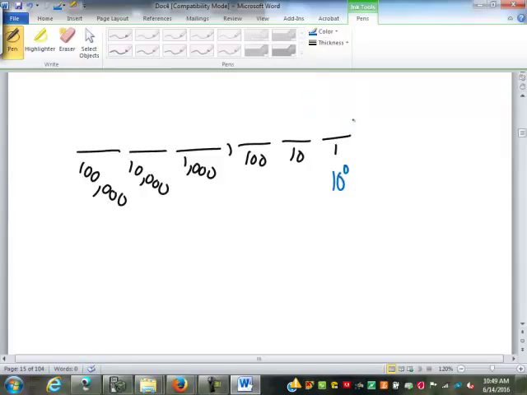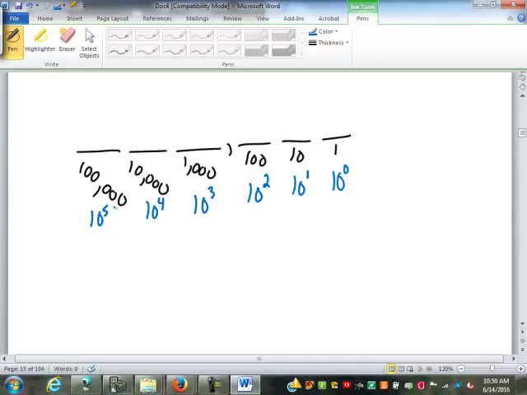Well, now that we have our powers, you can look at this. Anything to the power of 0 is 1, so we're going to put that as 10 to the 1. Or 10 to the 0, I should say, is 1. 10 to the 1 is 10. 10 squared, 10 to the power of 2 is 100. 10 to the third power is 1,000. 10 to the fourth power is 10,000. 10 to the fifth power is 100,000.